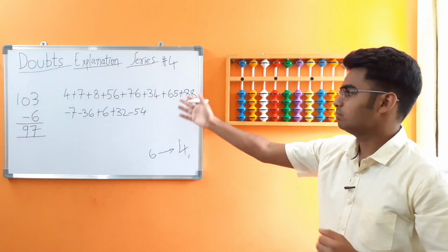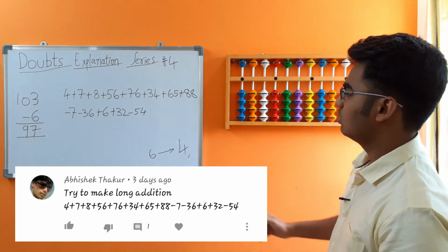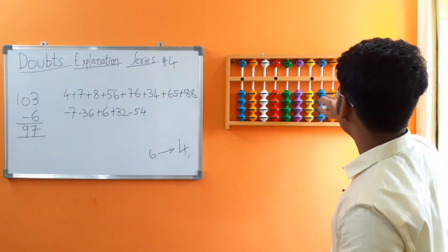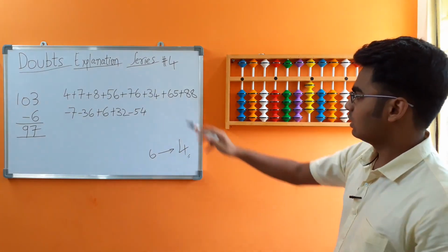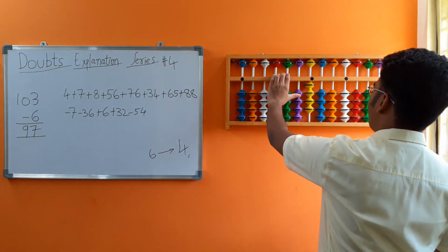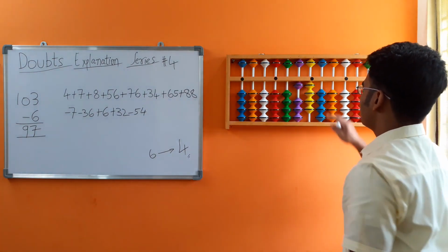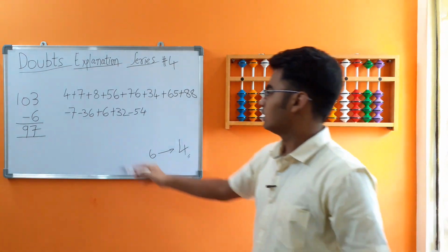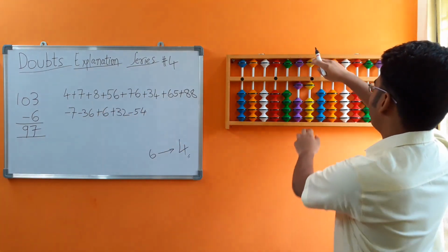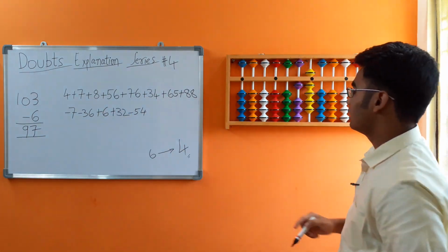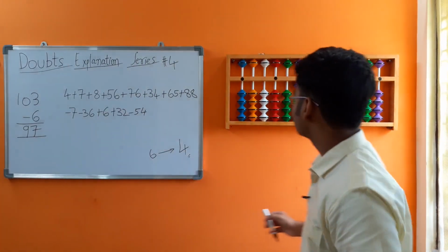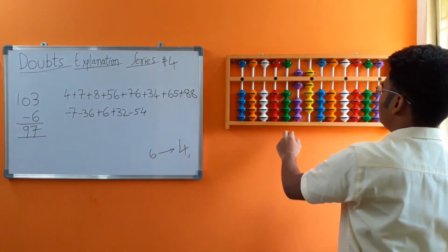Next up we have this sum. Let's solve one number. 4. I have to add 7. Add the boss 10, less the friend 3. 8. 8 can be added directly. 56. 56.